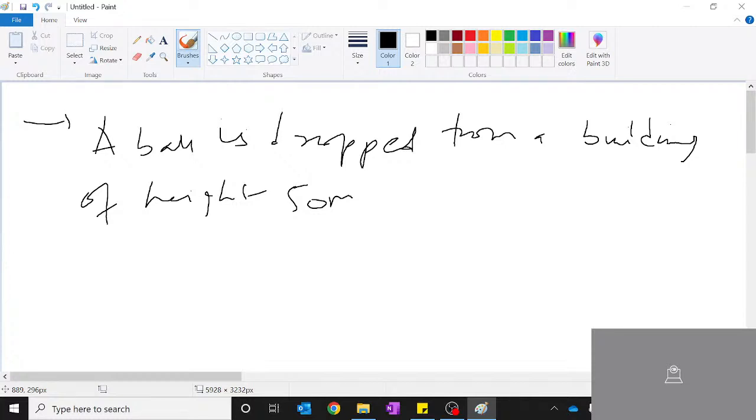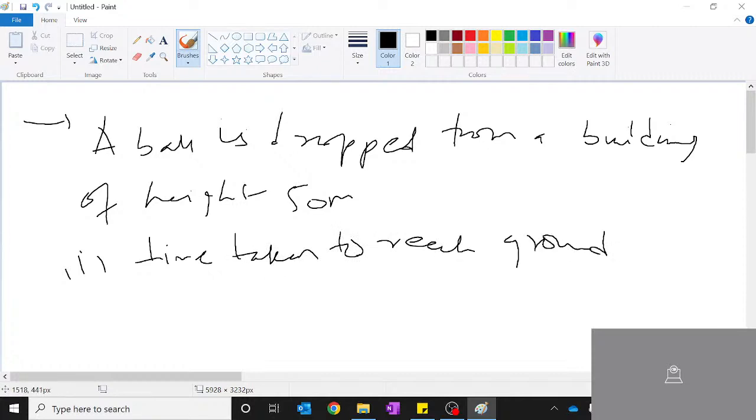Okay, understood? Clear? Now, in a similar manner, the first part of this is to find the time taken to reach the ground. This is the exact converse of the earlier question.